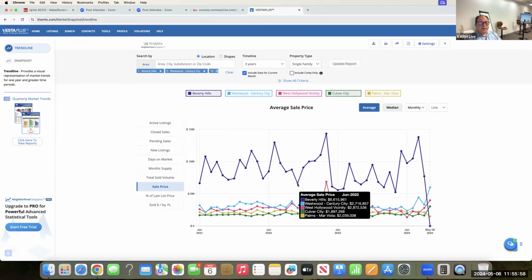It's interesting that there was a lag here in June 22. See, this is what's normal. A property goes on the market in April and May, which means it's going to have a 30, 45, 60-day escrow, and it's going to sell in June or July. This is what's normal. It's coming on the market now, and you have an upswing.